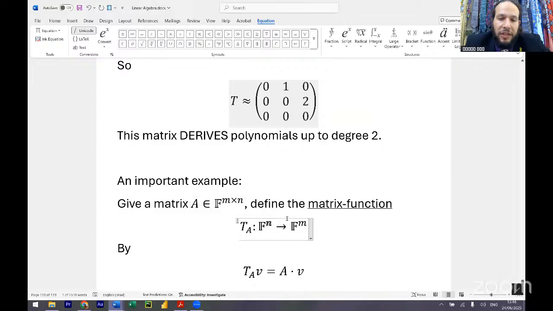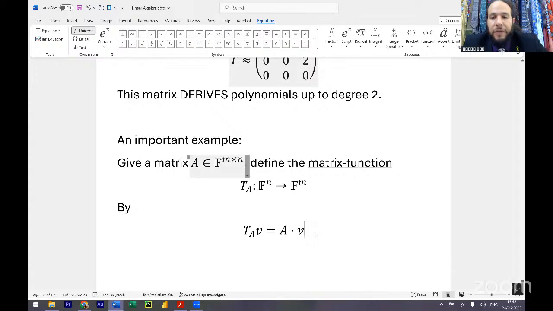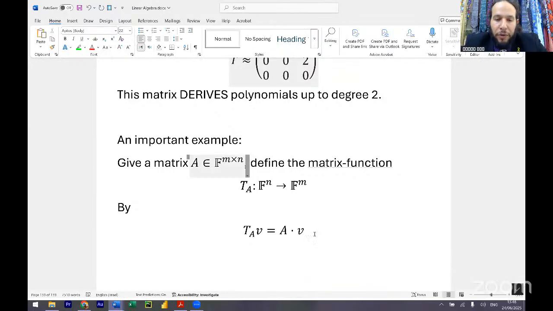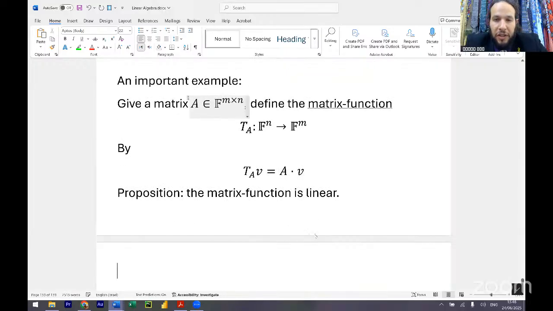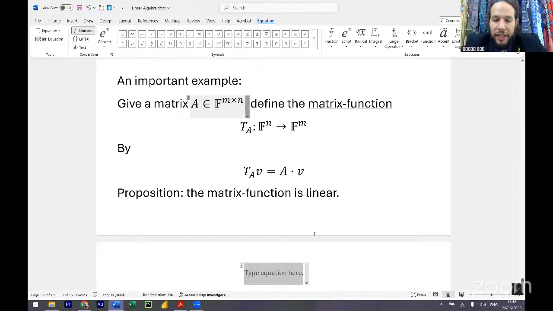The output is of size m, so that defines a function. And proposition: the matrix function is a linear function. And the proof is quite easy.